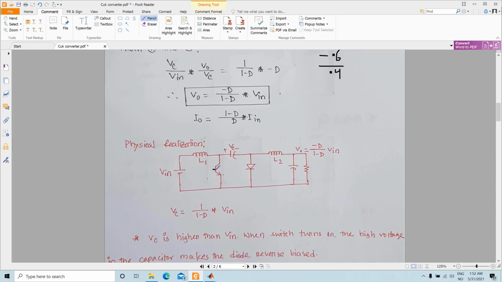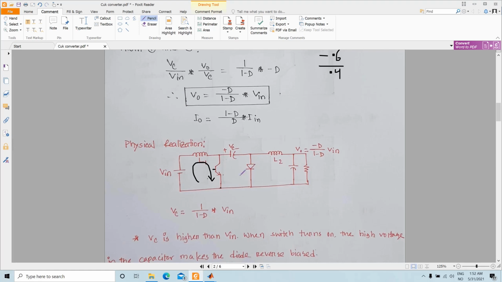Whenever we are giving a gate pulse to this switch, which can be a MOSFET or a transistor, and the MOSFET is on, your current is flowing like this, and the diode is basically reverse biased.